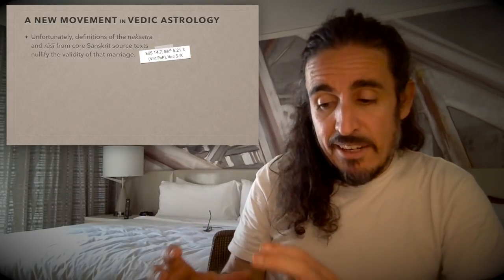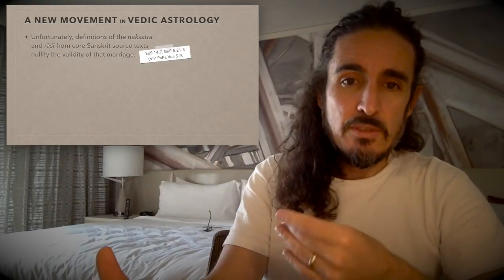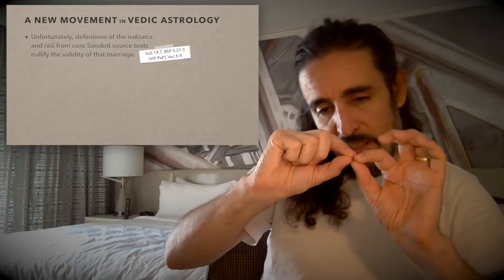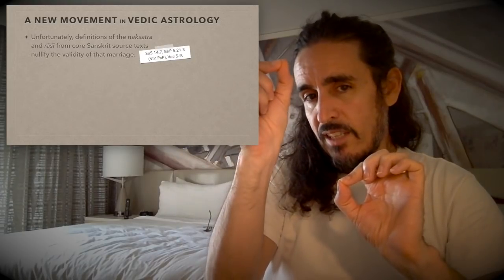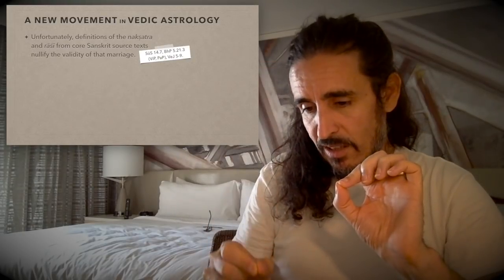The definitions there are that the rashis are anchored to the solstices and equinoxes. Like Pachakra Nabhav Vishuvad Dvitiyam Samasutragam. That's a quote from the Surya Siddhanta. It says that the zodiac wheel has to be anchored on the line that's drawn from one equinox to the next, and also the line that's drawn from one solstice to the other.